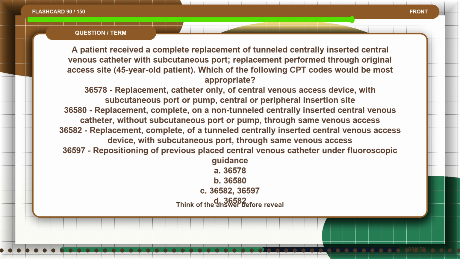Which of the following CPT codes would be most appropriate? 36578, replacement, catheter only of central venous access device with subcutaneous port or pump, central or peripheral insertion site. 36580, replacement, complete, of a non-tunneled centrally inserted central venous catheter, without subcutaneous port or pump, through same venous access. 36582, replacement, complete, of a tunneled centrally inserted central venous access device with subcutaneous port, through same venous access. 36597, repositioning of previously placed central venous catheter under fluoroscopic guidance.